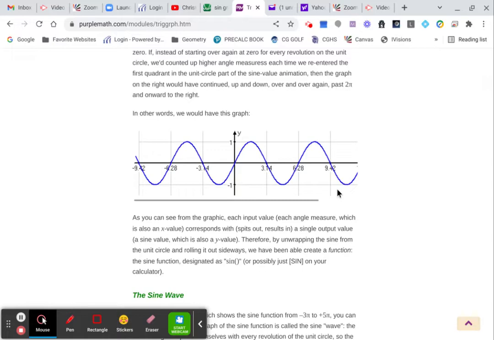Where do you think you would see sine and cosine waves? In real life, where would you ever see those things? Think of waves. Where would you see waves like this? Physics class. Where have you seen these waves? Any ideas?